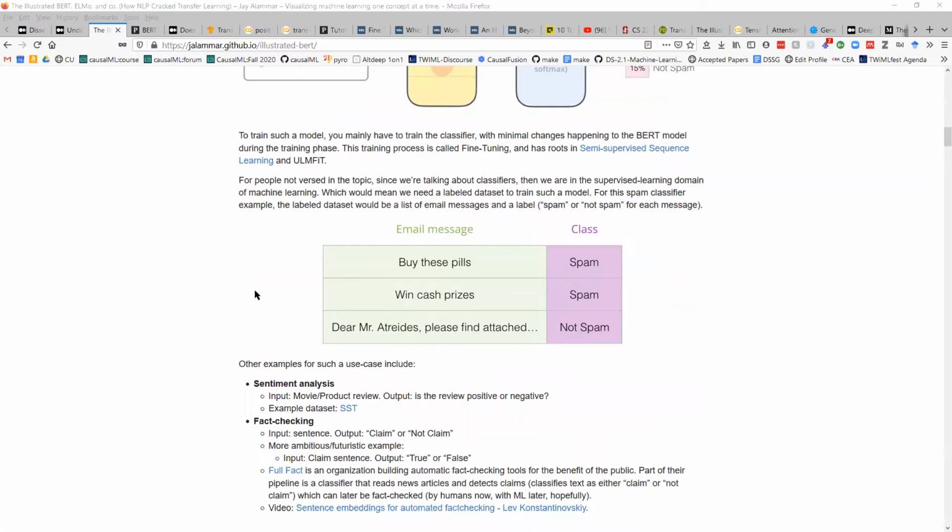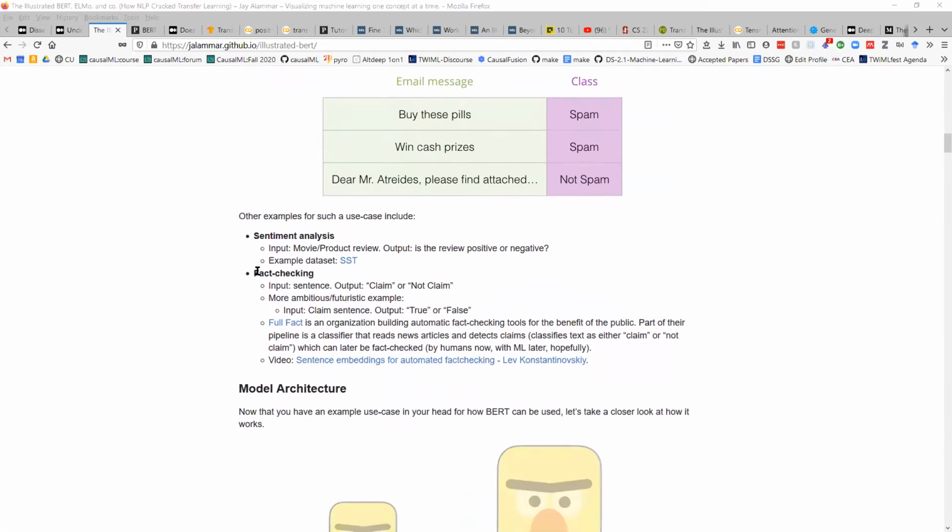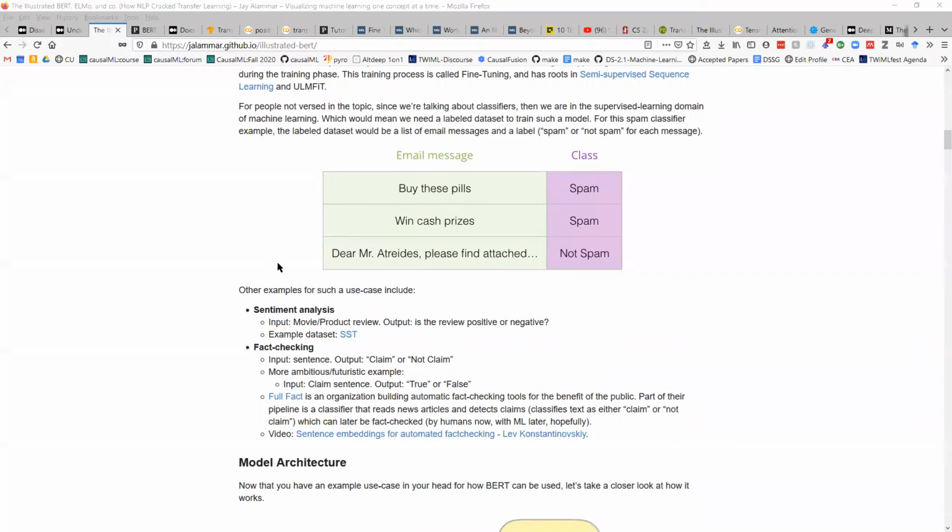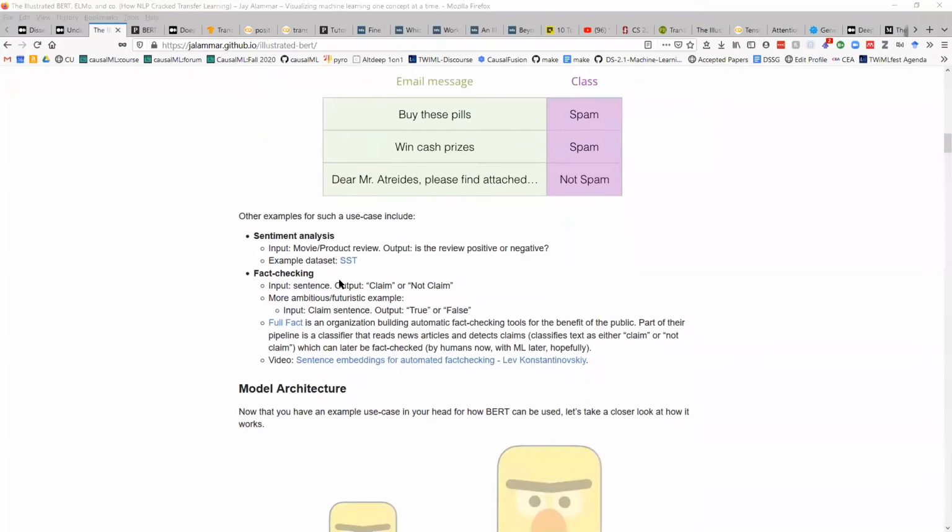He talks about pre-training and ULMFit. Before we go on, he talks about different kinds of problems that are similar to spam classification. Sentiment analysis, positive or negative, like reading a movie review and deciding whether it's a good one or a bad one.